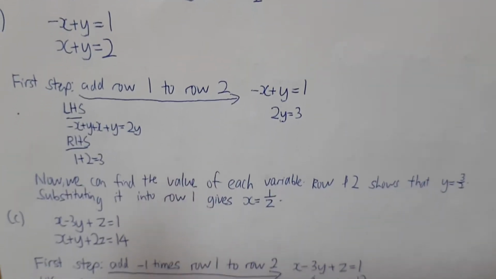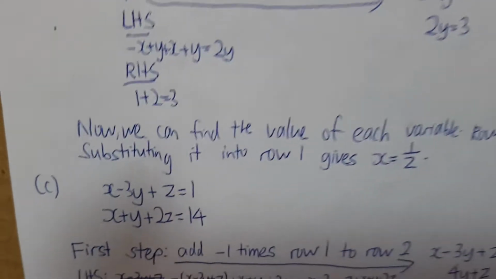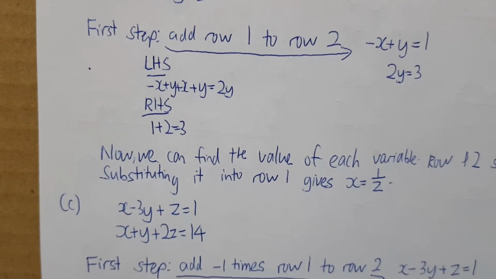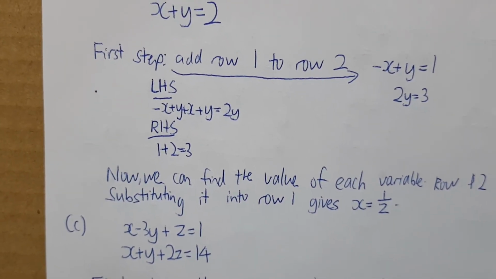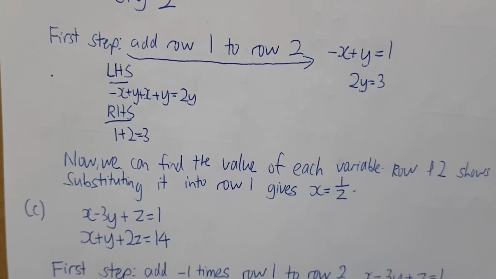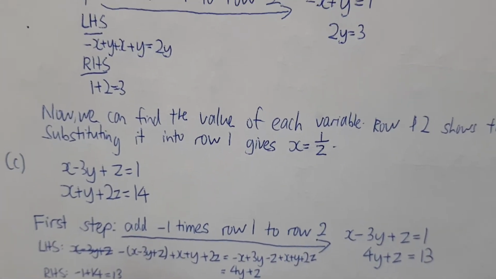So now let's start with higher dimension. We have this equation. So what do I do first? First things first, you want to eliminate the x variable in the second row. So we add minus 1 times row 1 to row 2.